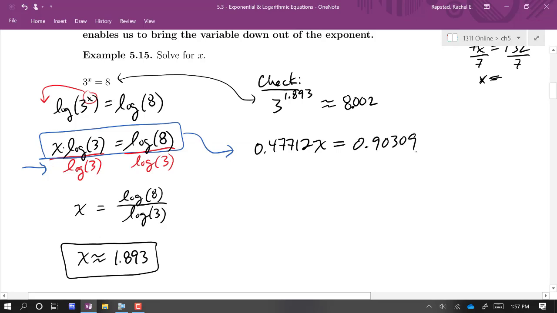Looking at this equation is sometimes a little simpler for people to think about solving. And so here, of course, we would just divide both sides by 0.47712.